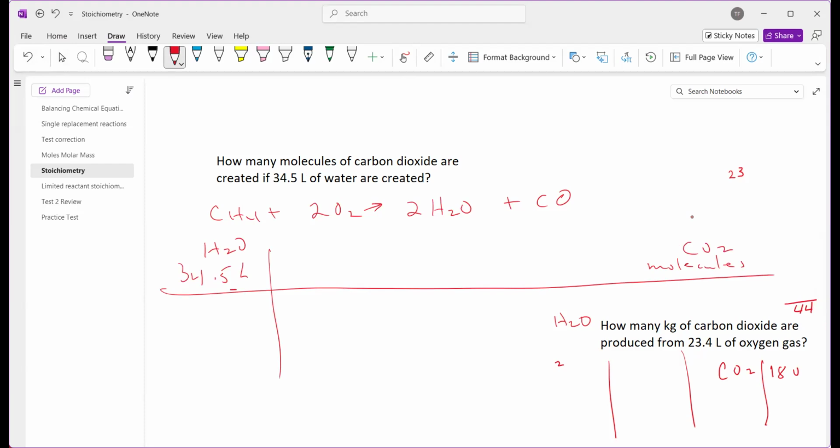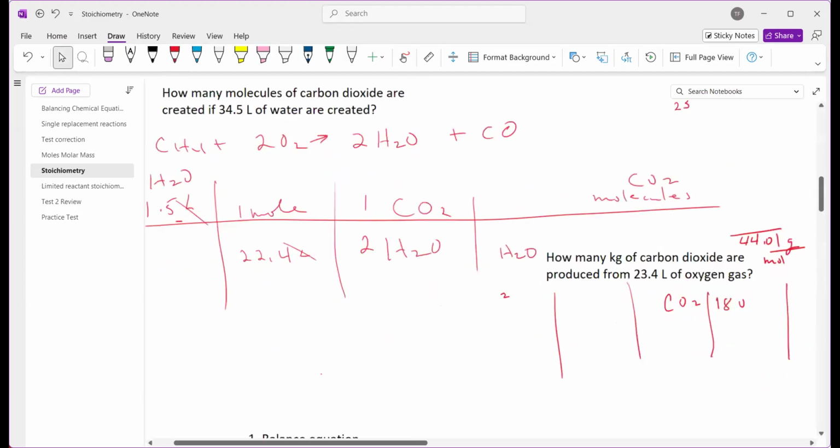Okay, first step is liters to moles. Now we're going carbon dioxide to water again. And now we're going, this is a little tight.